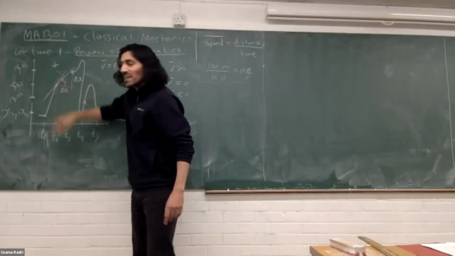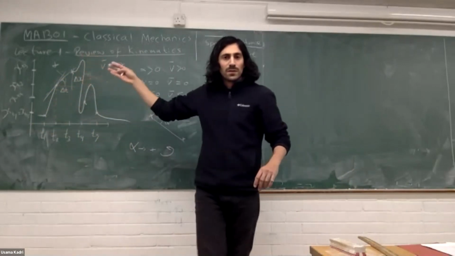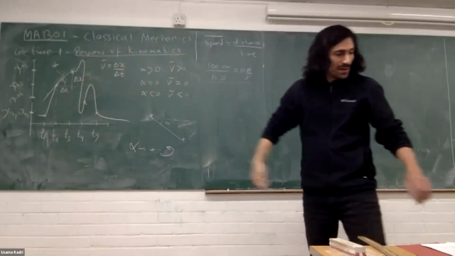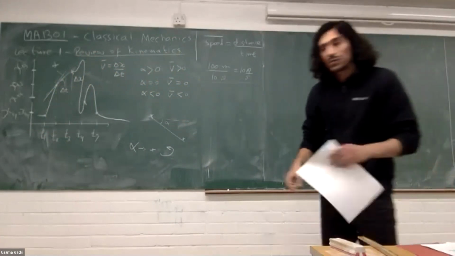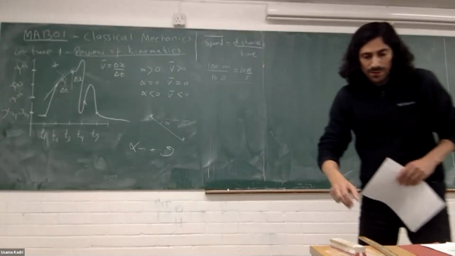So now we have the tangent at any point along that curve, is what I'm describing here, and what we're going to find is called the instantaneous velocity. Let's write it here.